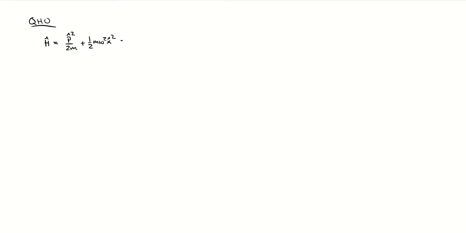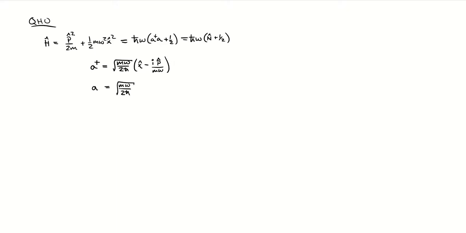What we did last time is we were able to recast this Hamiltonian as h bar omega a dagger a plus 1 half, or written even another way, h bar omega times the number operator plus 1 half, where we had defined our raising operator a dagger as square root of m omega over 2 h bar times x hat minus i, the momentum operator, over m omega, and our lowering operator a as square root of m omega over 2 h bar times x hat plus i p hat over m omega.